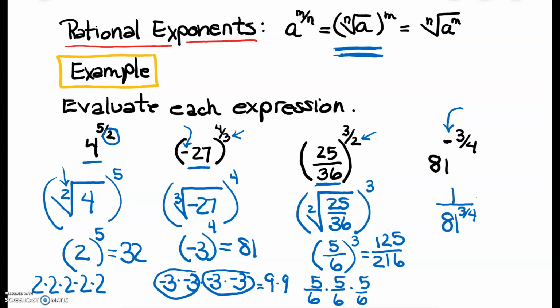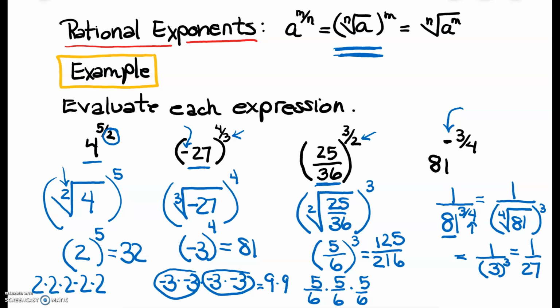So this tells me my base is 81, so it's going to go under the radical. My index is 4. And then when I find the fourth root of 81, I'm going to cube it. So the fourth root of 81 I know is 3, and then I'm going to cube that. 3 cubed I know is 27.